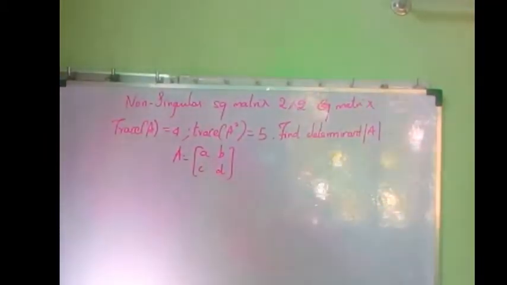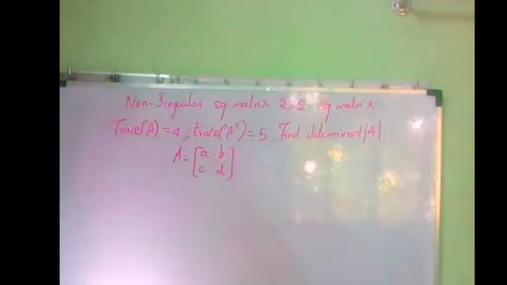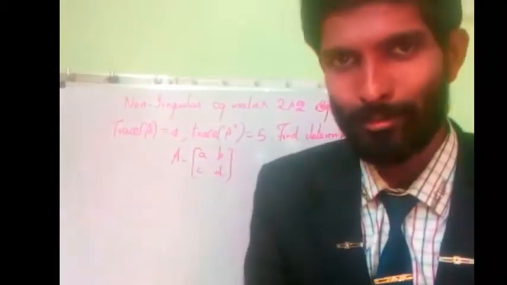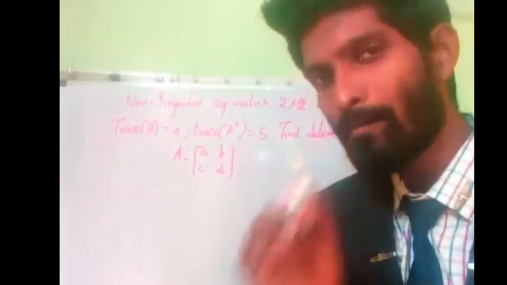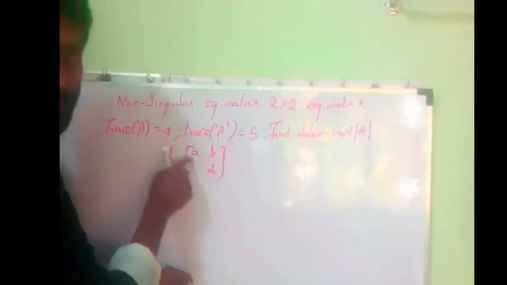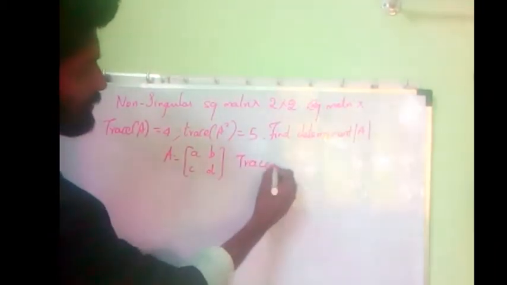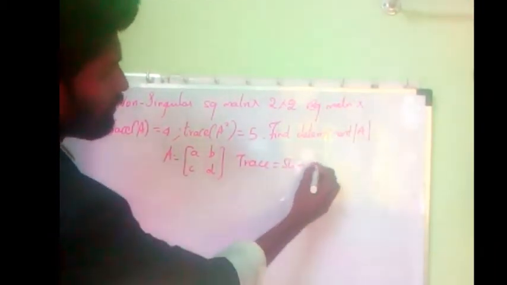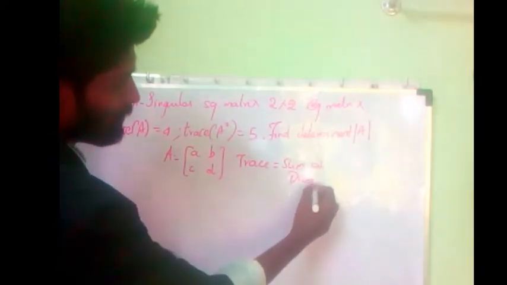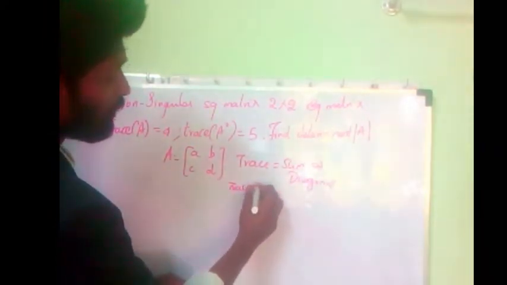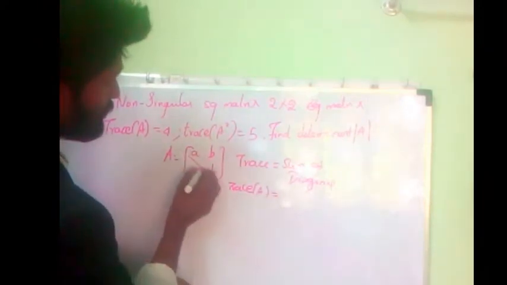Now what do I do? They have given trace of A is equal to 4. What does trace mean? Trace is the sum of the diagonal. Listen properly: trace means the sum of the diagonal entries. Once again, for you, this is the diagonal.